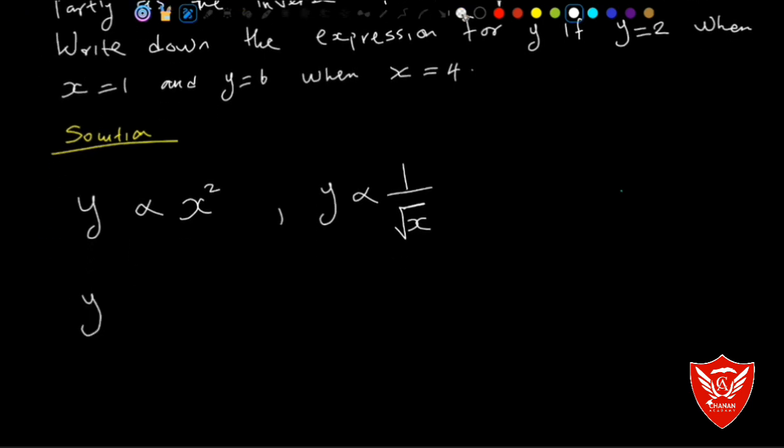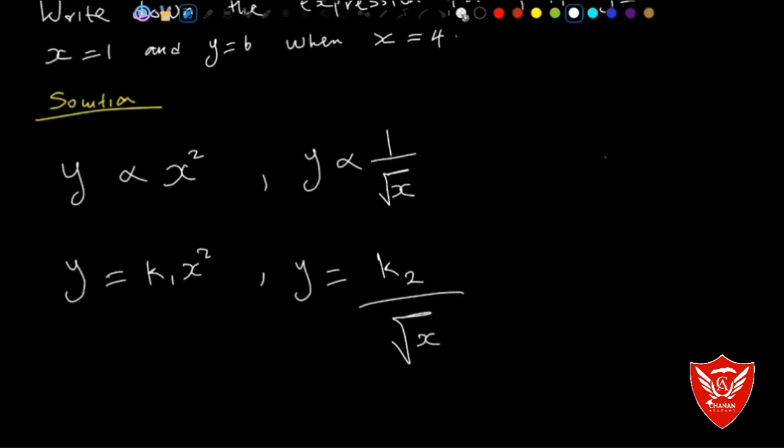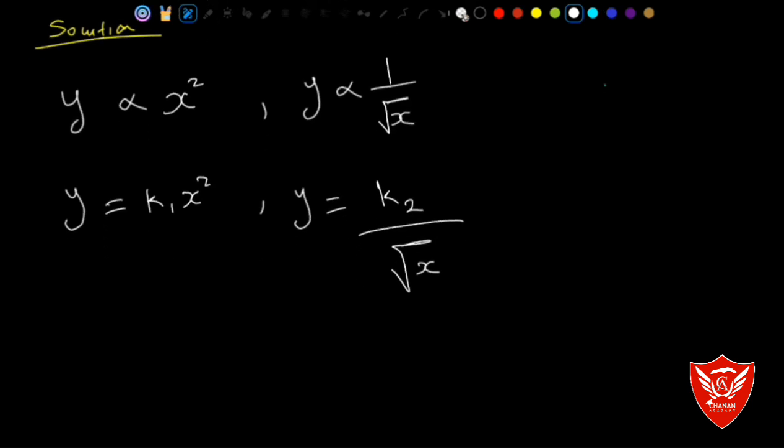So let's call this y equal to k1 x squared, and then y equal to k2 over the root of x. So these two variations are going to be combined together with an operation plus. So we're going to have y equal to k1 x squared plus k2 over the root of x. So this is what we are going to be using to solve.